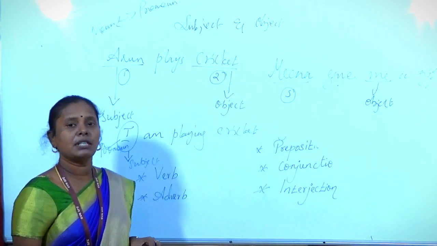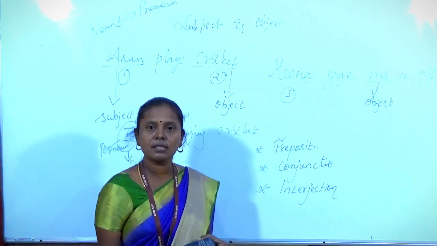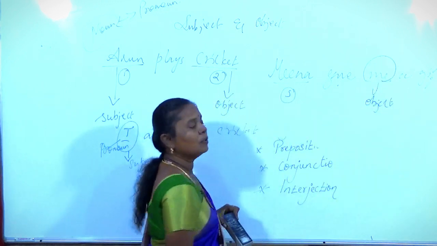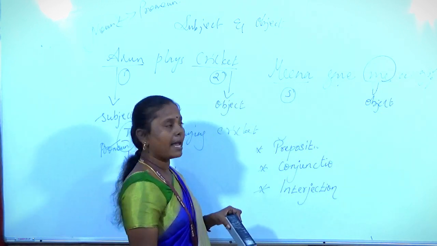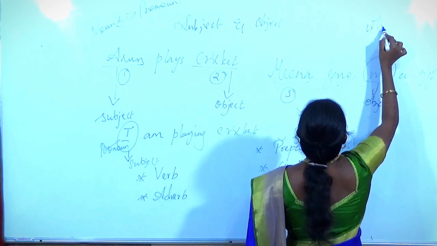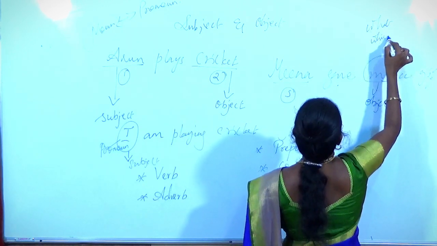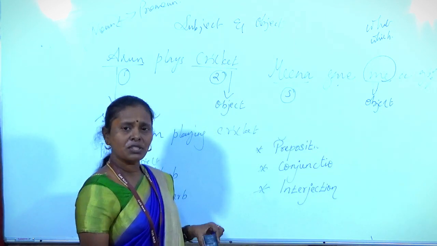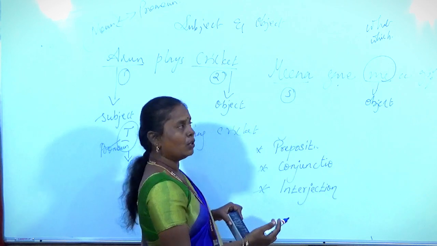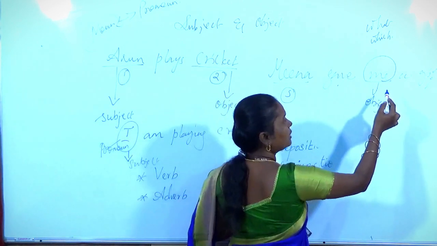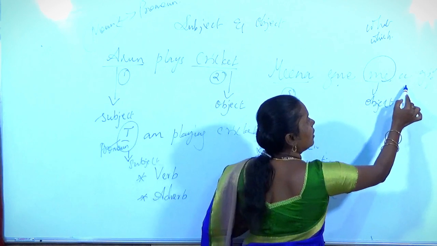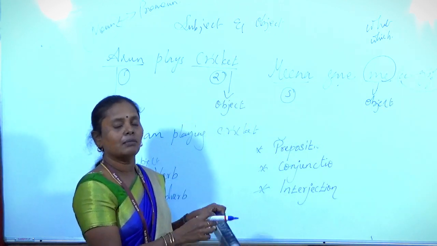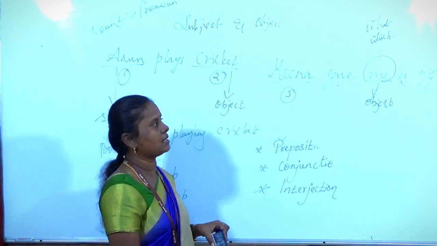So, you may have a question as a beginner: what is an object? An object is a word which gives the answer to the question what or which. Meena gave. What did she give? A gift. So the answer is an object.